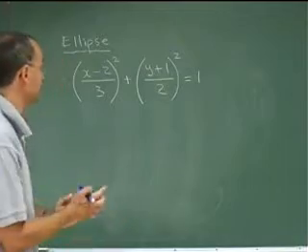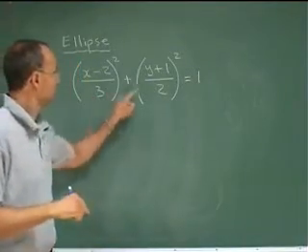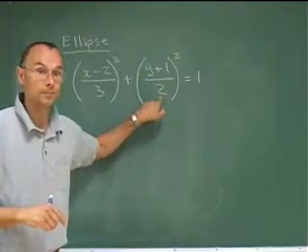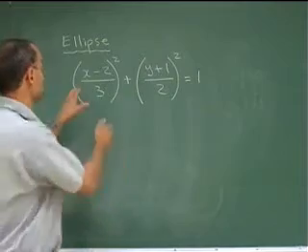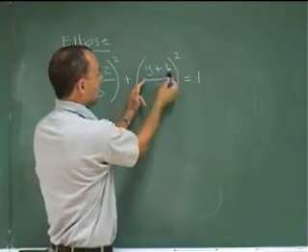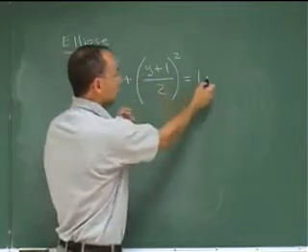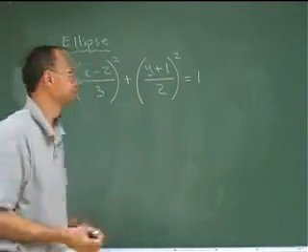Notice something very different from a circle: you don't have the same two numbers on the bottom. In other respects, it looks almost like a circle. You've got your x with a shift squared plus a y with some kind of shift squared equals 1. But the big difference is those numbers on the bottom are different.